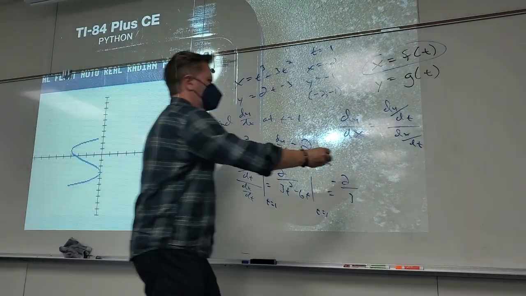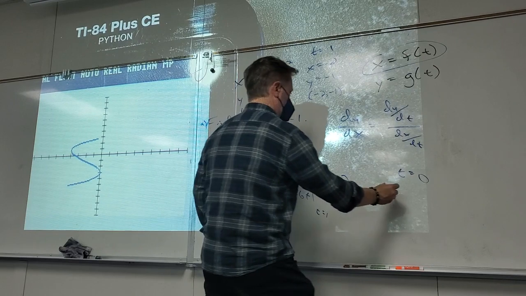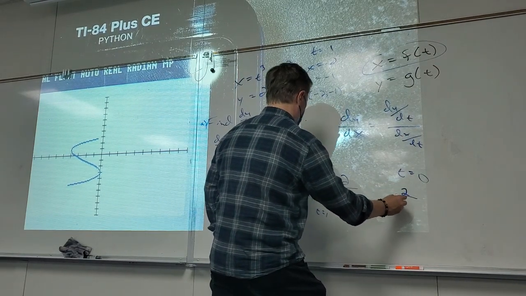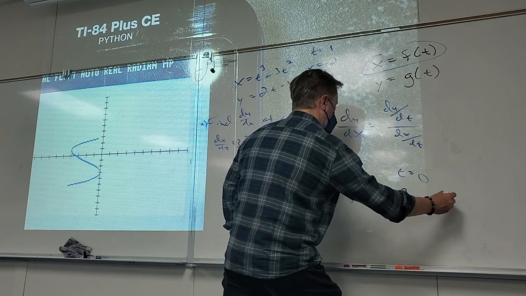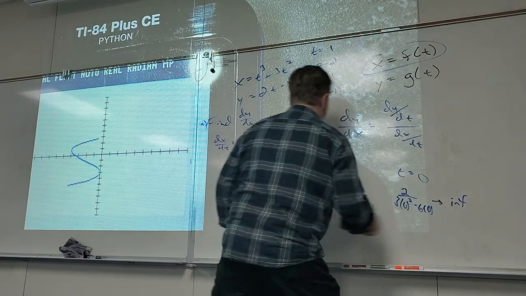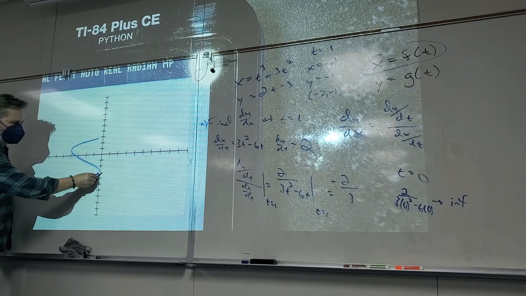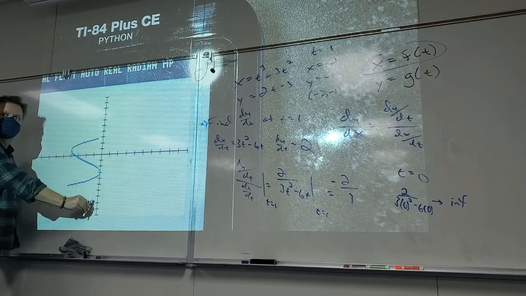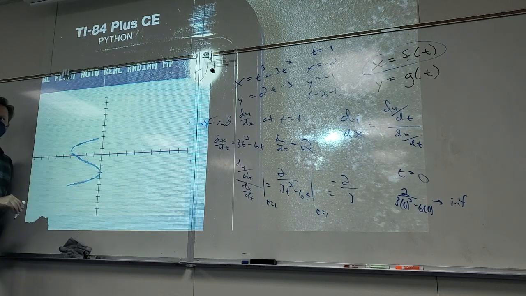If t equals 0, what is the derivative? 2 over 3 times 0 squared minus 6 times 0. Undefined, infinite. And sure enough, the slope here becomes infinite, just for a moment, and then it keeps going around. You guys follow?